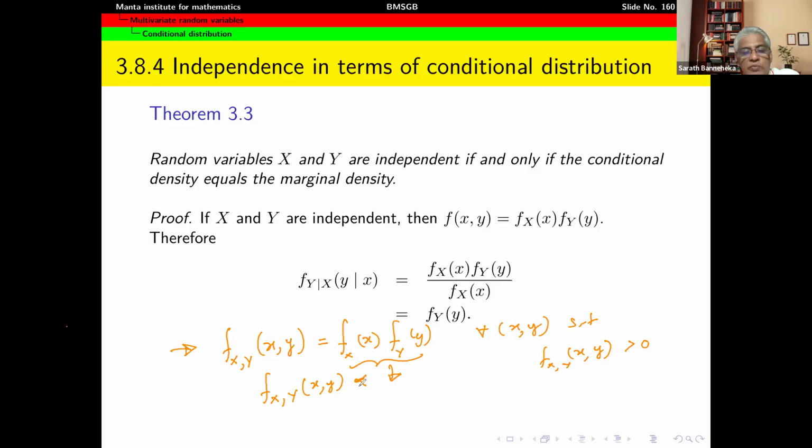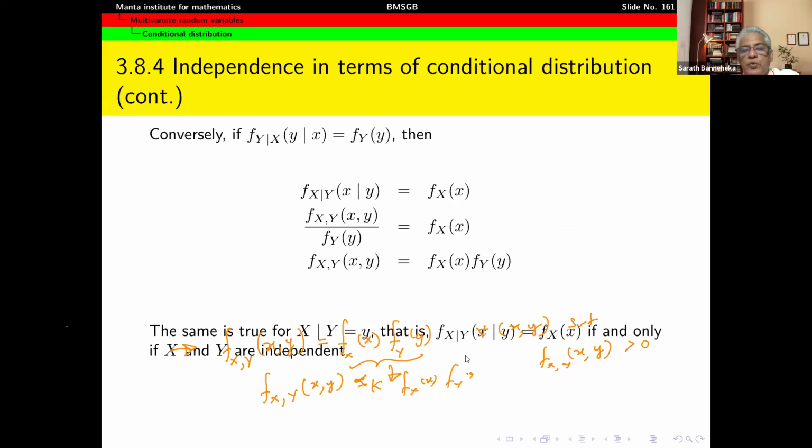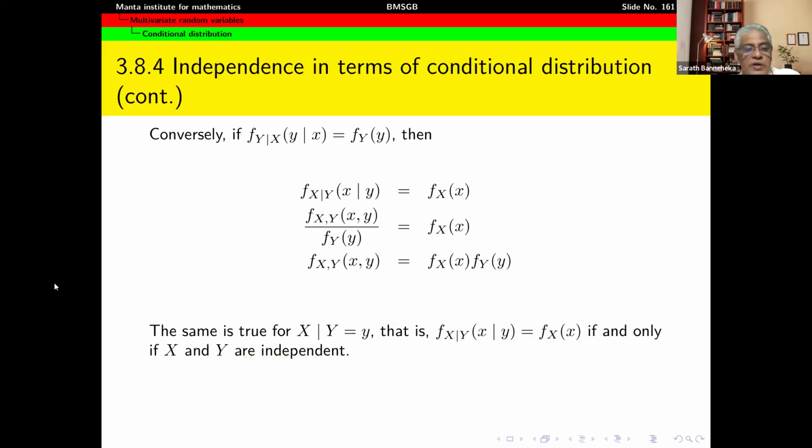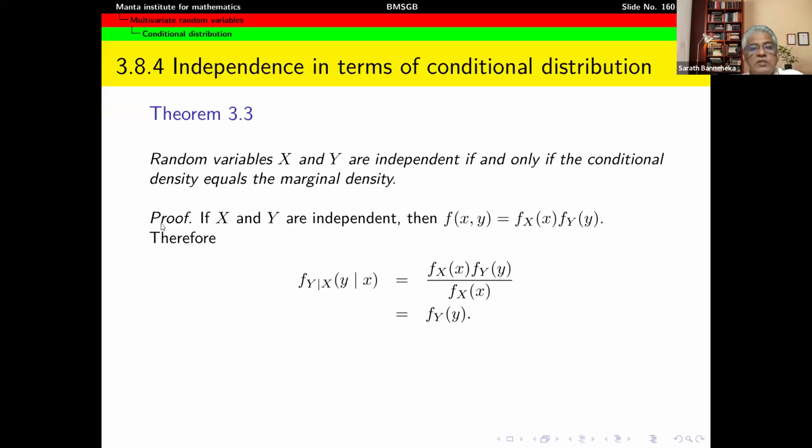So it is equal to something times f(x) times f(y), right? If you can show that it can be factored like that, that is enough, right? And for the discrete case, of course, you can write the same thing using the mass function. That is, the joint probability mass function is equal to the product of the individual mass functions.